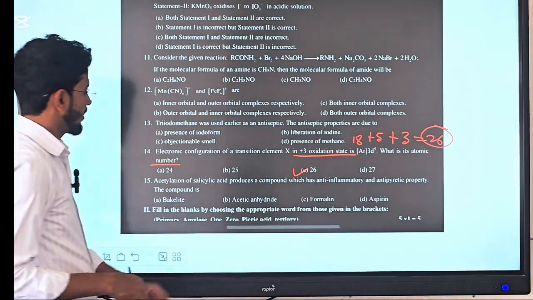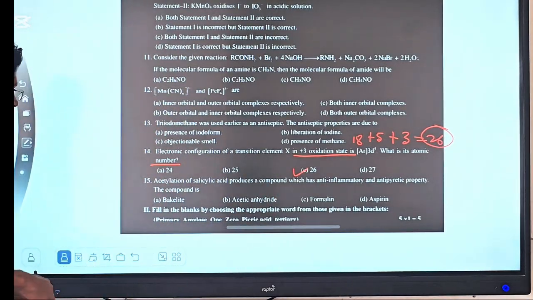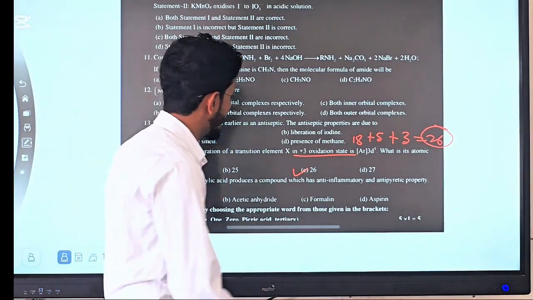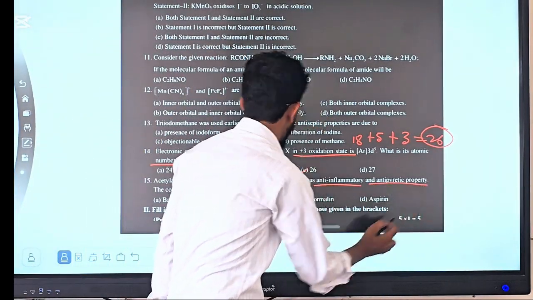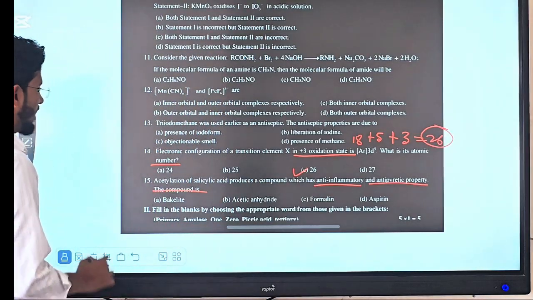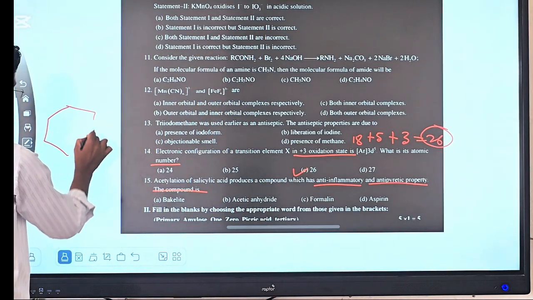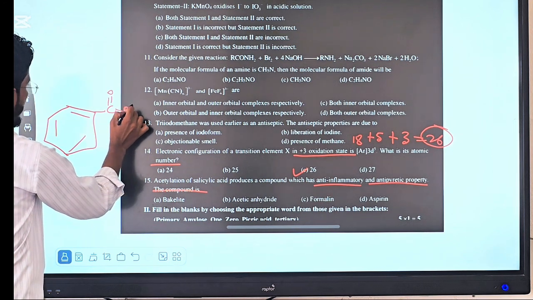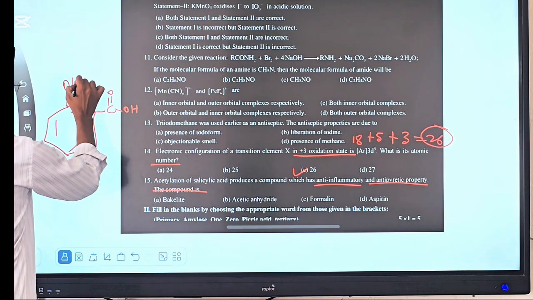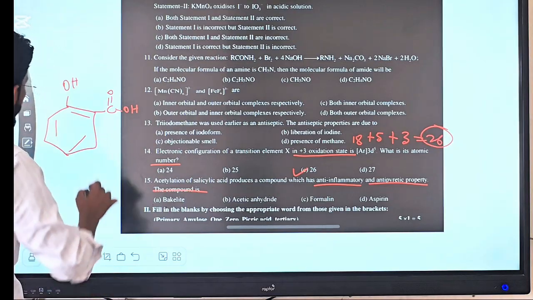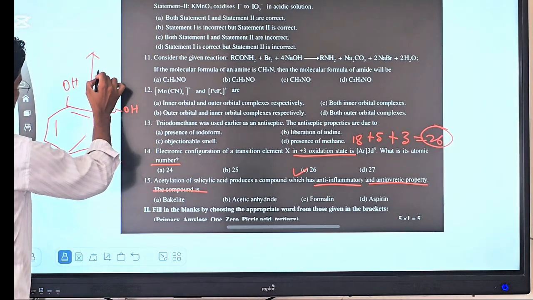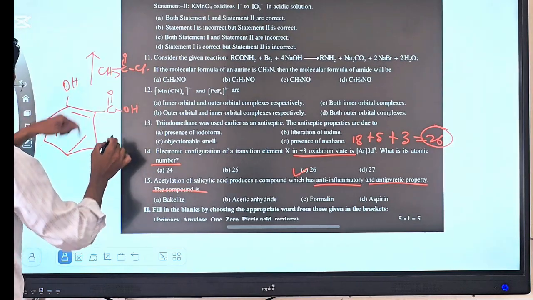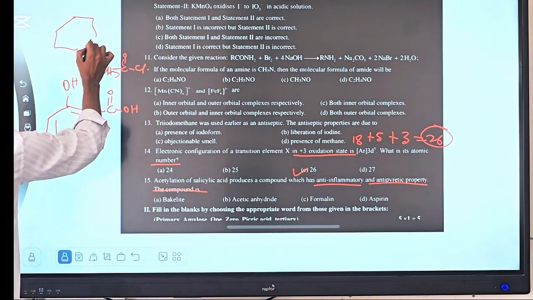Now question number 15. Acetylation of salicylic acid produces a compound which has anti-inflammatory and antipyretic properties. This is salicylic acid: C double bond O-OH, and this is OH. If we do the acetylation of salicylic acid with CH3-C double bond O-Cl, the formation of this compound will take place.